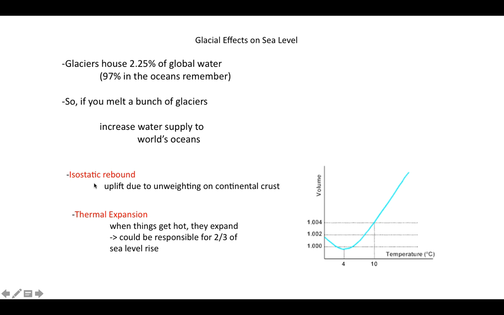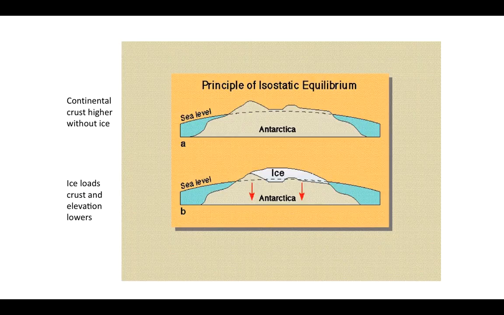So isostatic rebound, that's another thing that happens when we see glaciers melt and retreat, and a place that maybe used to have a glacier doesn't have glaciers anymore. So here, the principles of isostatic equilibrium. When you have something that's very heavy and frozen, it's going to squish down the crust.